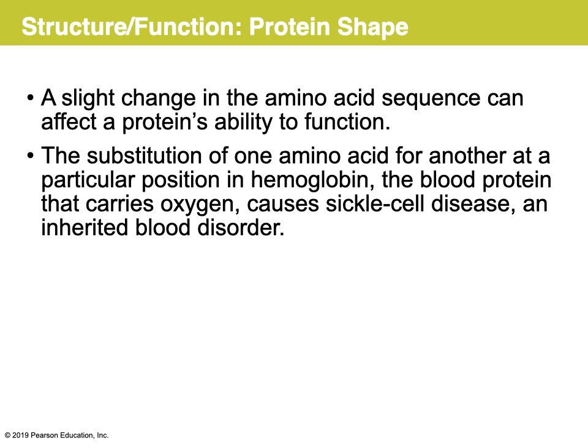Okay, so a slight change in the amino acid sequence can affect its ability to function, right? Because, again, thinking of things like those hydrophobic, hydrophilic side chains. If you have a different arrangement of amino acids, it means that you might have an area that's hydrophilic when it should be hydrophobic, or vice versa.